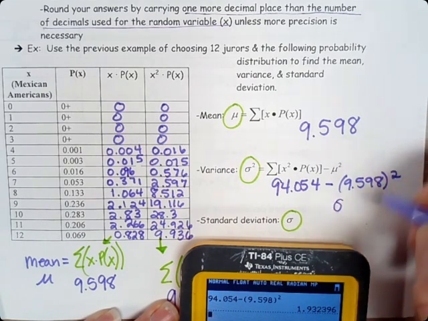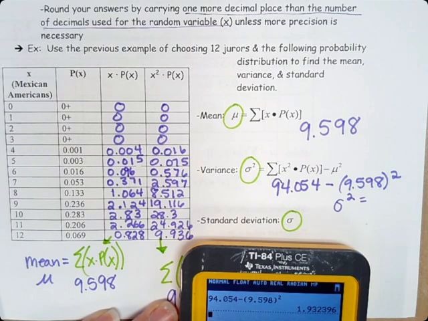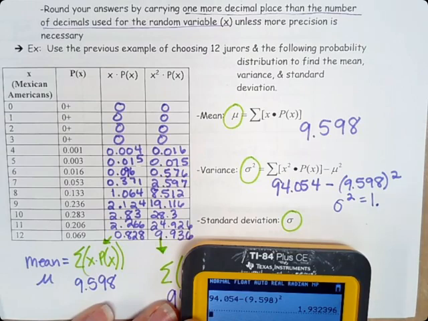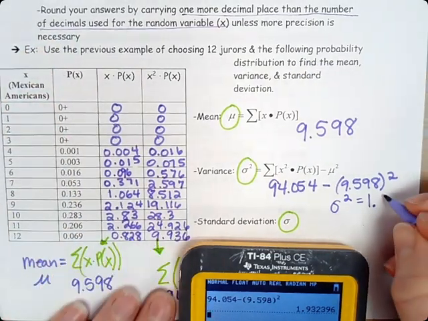So the variance equals, we are going to round it. It says one more decimal place than was necessary. So we need to go to 4 places.